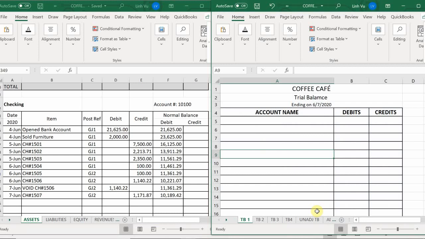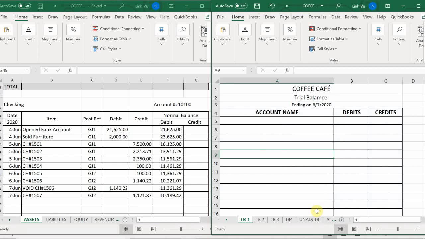Exactly. So a trial balance is a list of all the accounts that exist in your chart of accounts with their account balances. And what you're doing is testing if your total debits match your credits, right?